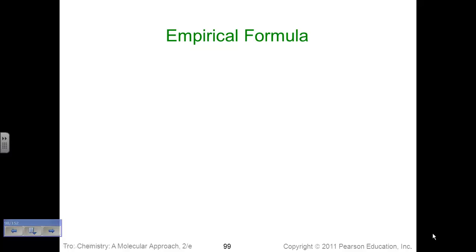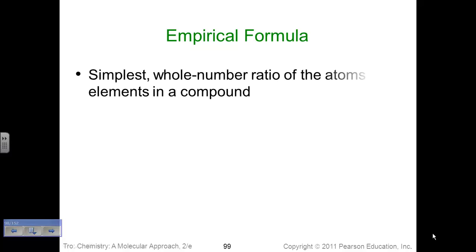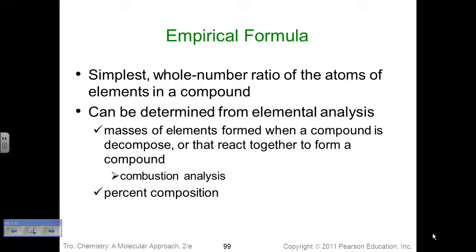Here's a term that's coming back from the earlier parts of our lesson, an empirical formula. We defined earlier the simplest whole number ratio of the atoms of elements in a compound. In other words, it's a formula whose subscripts cannot be reduced down any further. They're in the lowest subscript ratio possible.